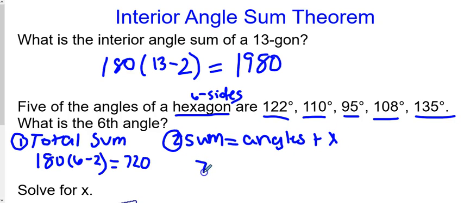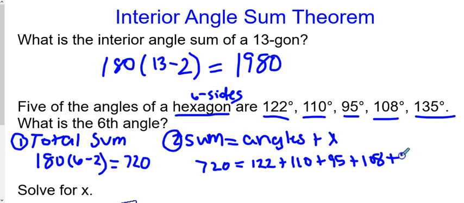All right, so we're going to have 720 equals 122 plus 110 plus 95 plus 108 plus 135.